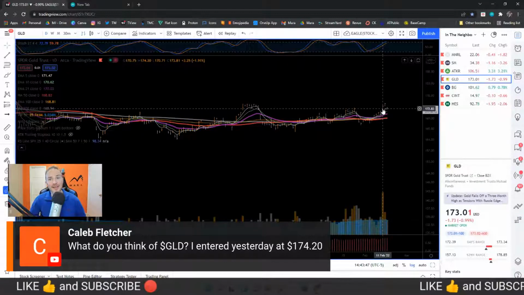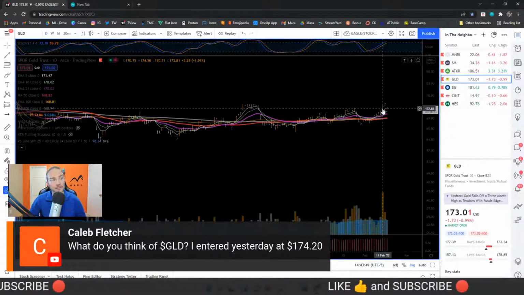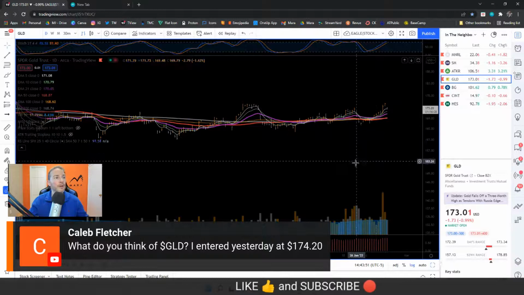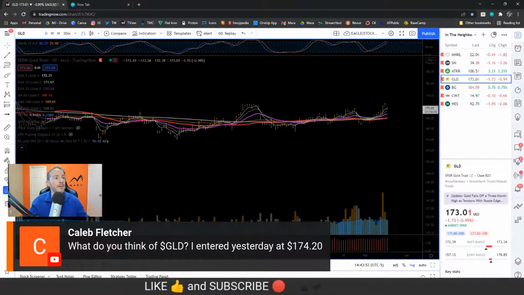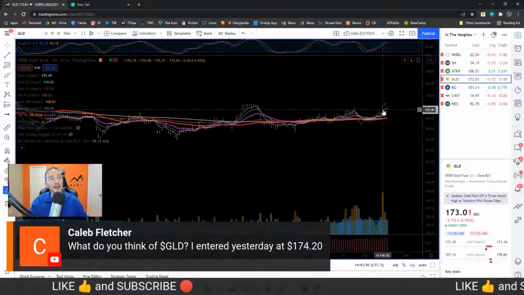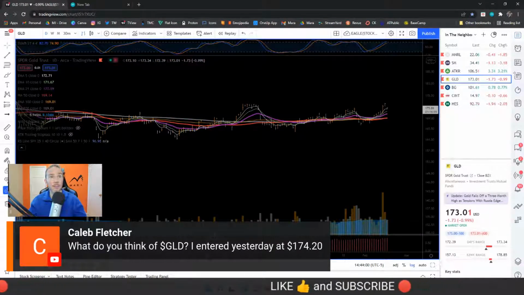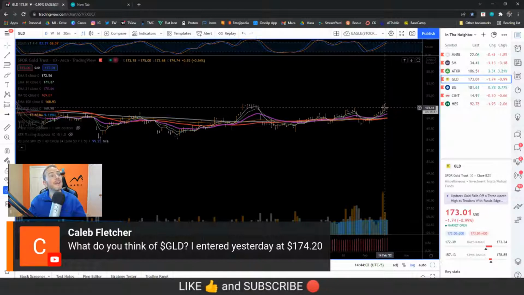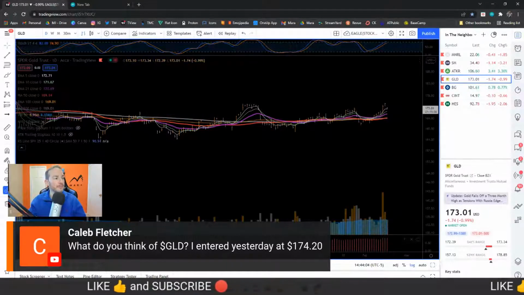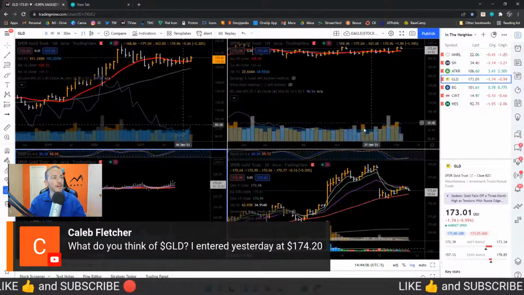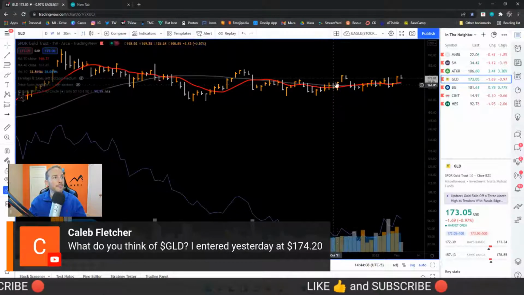Intermediate, long term. What were we doing with this? Because if I'm looking at it on a daily chart and you're planning to hold this for a year or better, it might not be fair to look at this on a daily. Right? It's a bit extended.